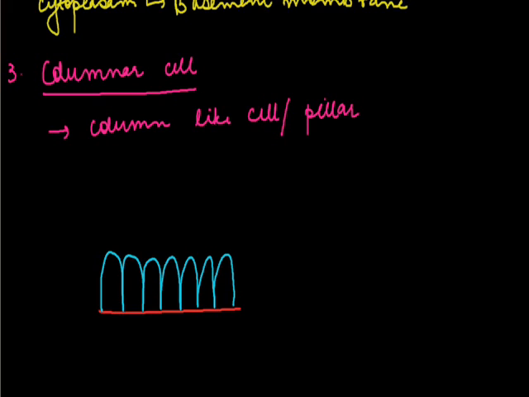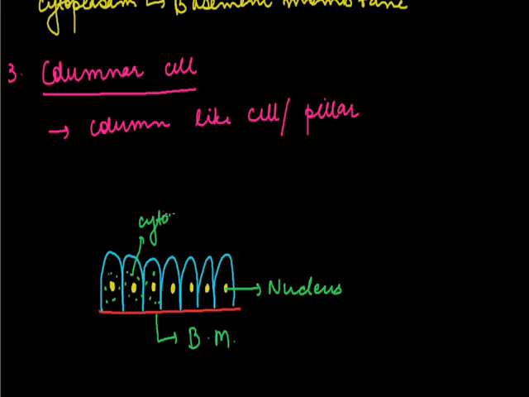They all will have a nucleus and the cytoplasm. This is the nucleus, and this is the cytoplasm. The site where it is present is mainly the stomach and small intestine.